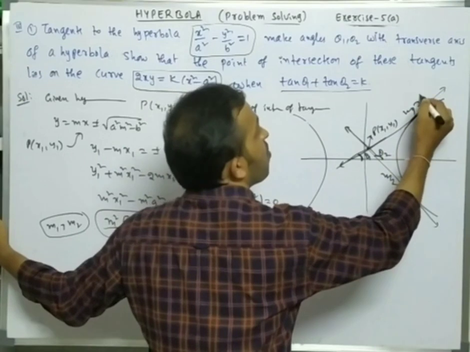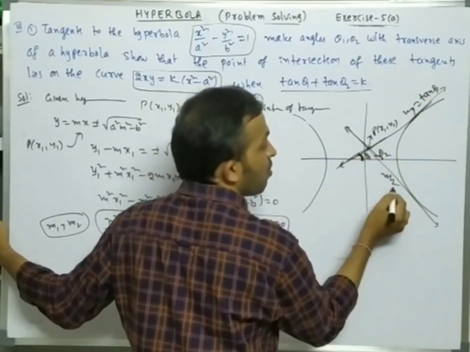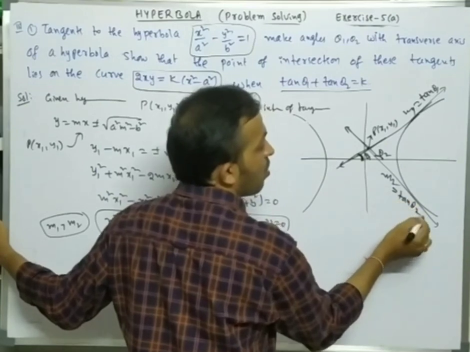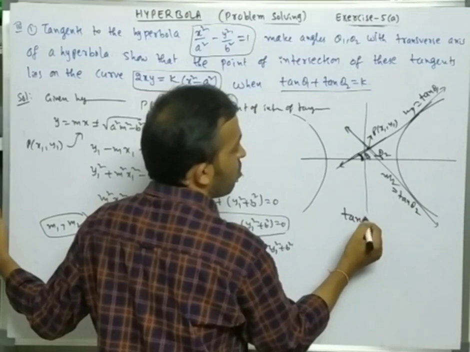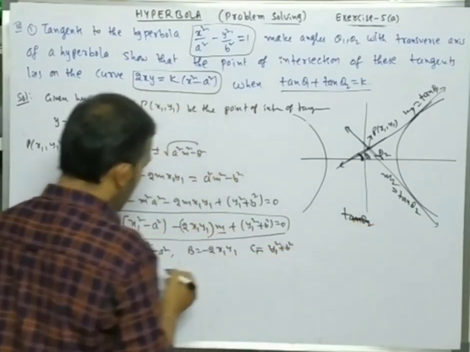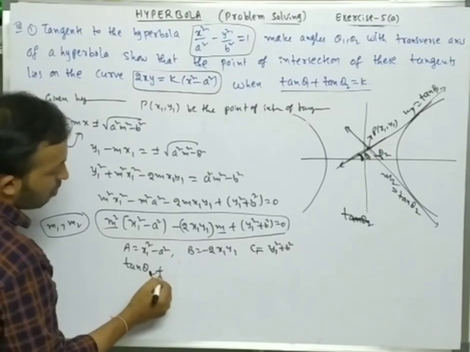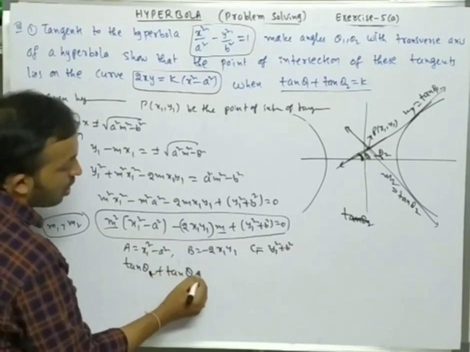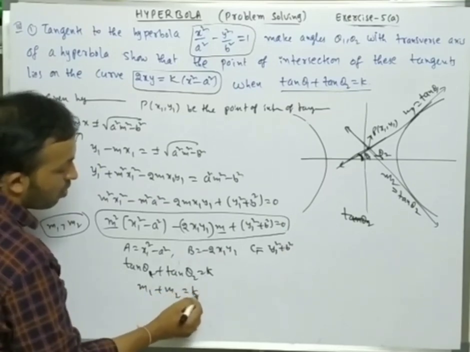So m1 is tan theta 1, making angle theta 1, and m2 means tan theta 2. It is given that tan theta 1 plus tan theta 2 is equal to k. That means m1 plus m2 is equal to k.